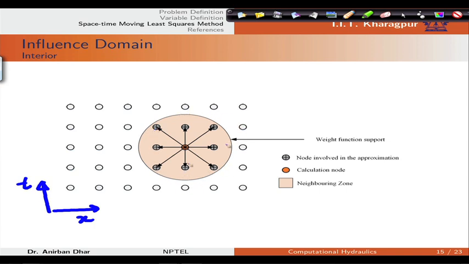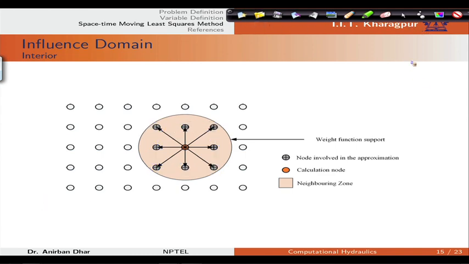If we move on the leftward or rightward side, the change is only in space values, but if we move upward or downward there is change in the time values. So, different time levels are incorporated in this calculation process.